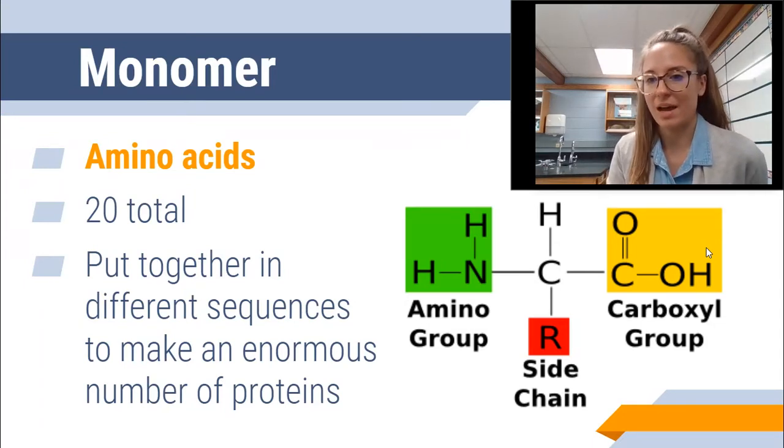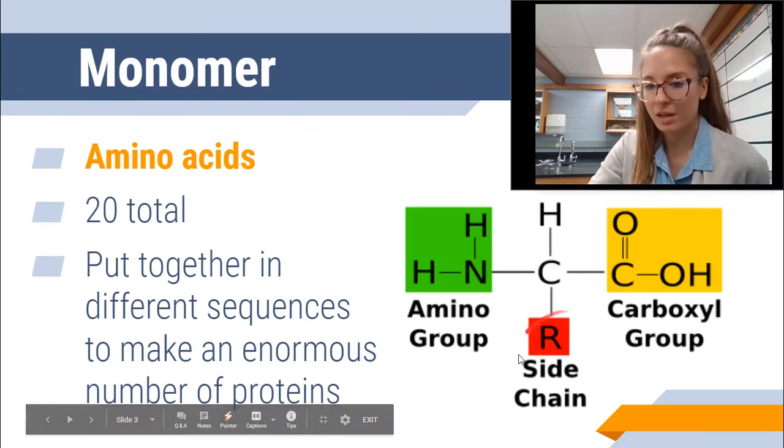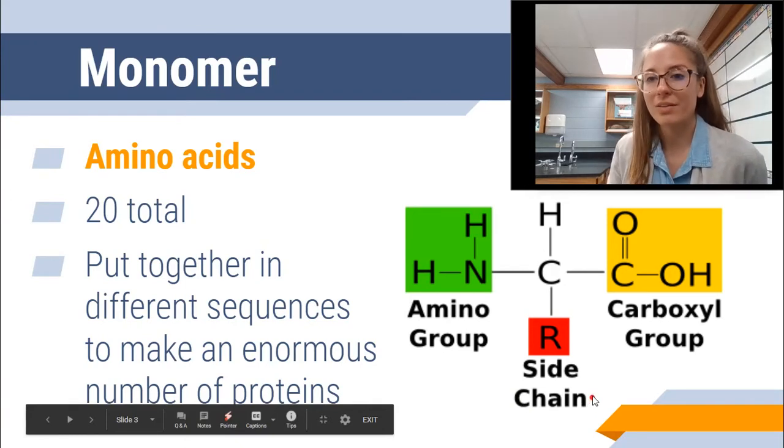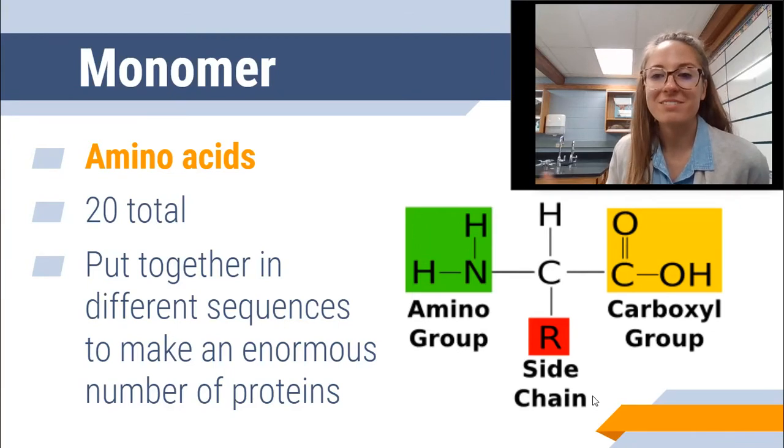So one of the amino acids is called histidine. All the histidine molecules are going to have the same side chain. However, other amino acids, like serine and valine, are not going to have the same side chain.